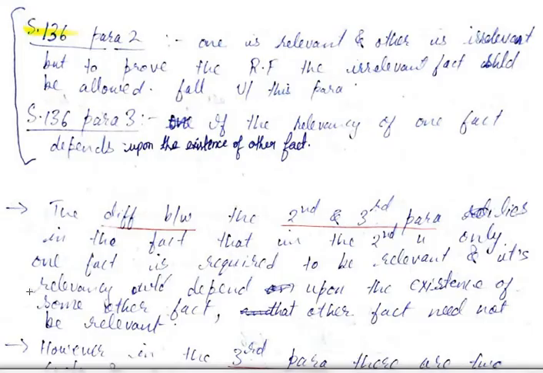So write it down. The difference between the second and third para lies in the fact that in the second para only one fact is required to be relevant and its relevancy would depend upon the existence of some other fact. That other fact need not be relevant.